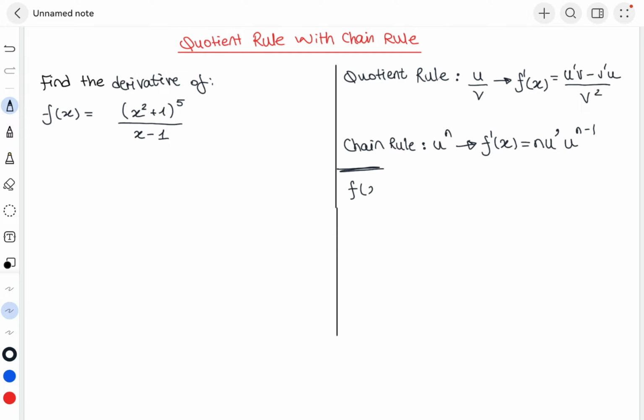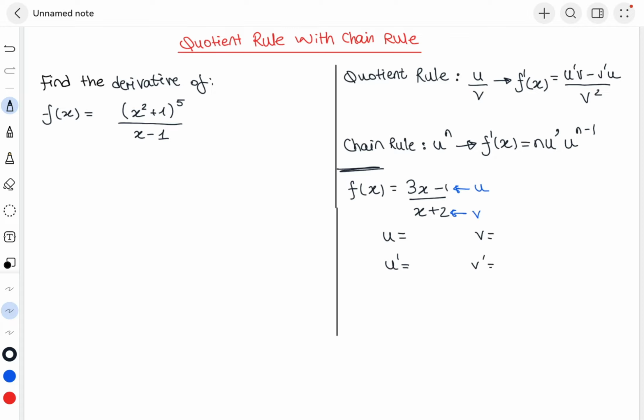Let's say we have f of x is 3x minus 1 over x plus 2, and we need to find the derivative of that. To do that, we need to take the numerator as u and the denominator as v. And now we find u and u prime and v and v prime.